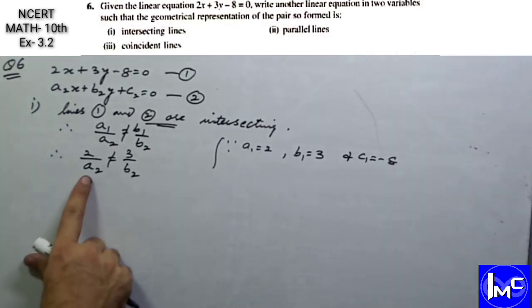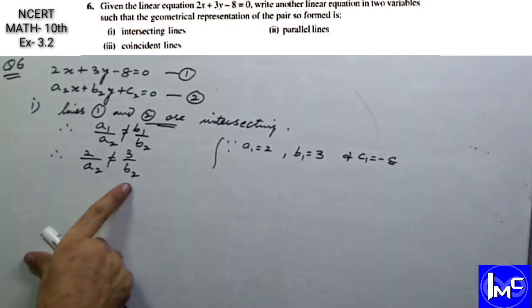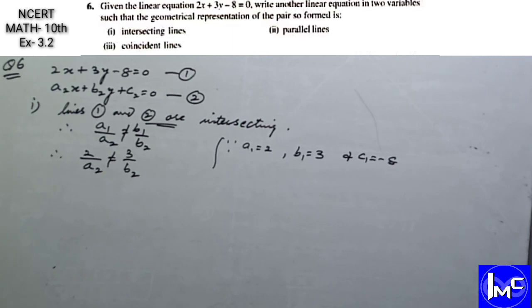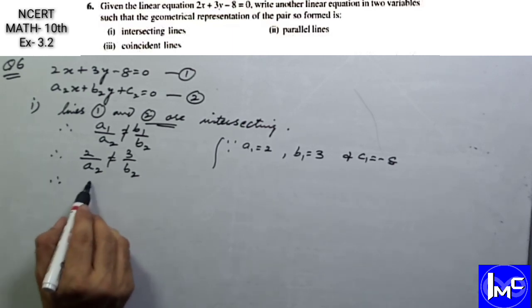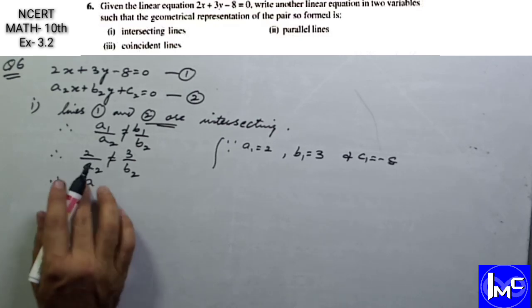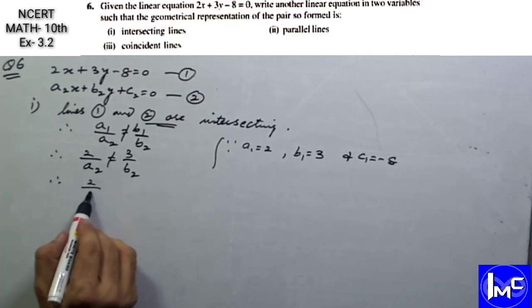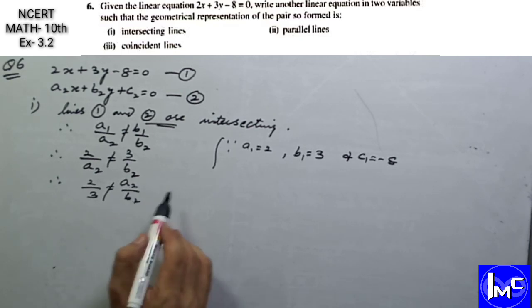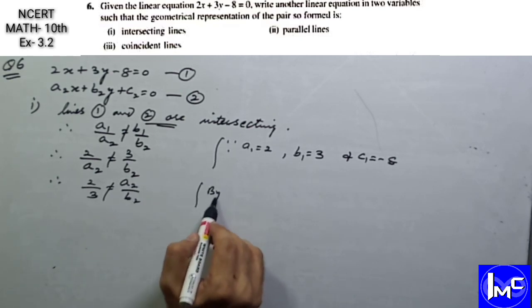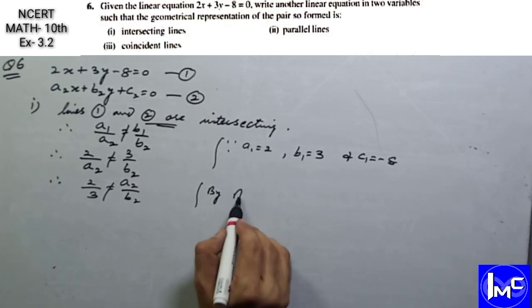Now we have to suppose the values of a2 and b2 for which this condition should be satisfied. Let us say I take 2 over 3 is not equal to a2 over b2 by alternendo.